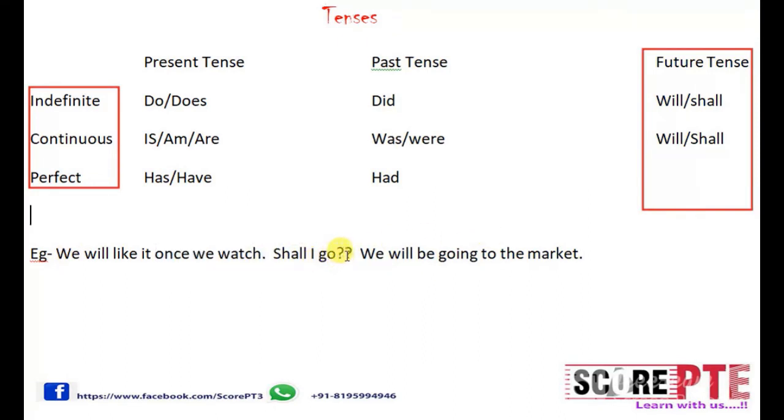And shall or will can be used as a question or some kind of simple tenses. But for your continuous tense you have to use a sentence like we will be going to the market, we will be coming, we will be eating in this restaurant in future. Okay.